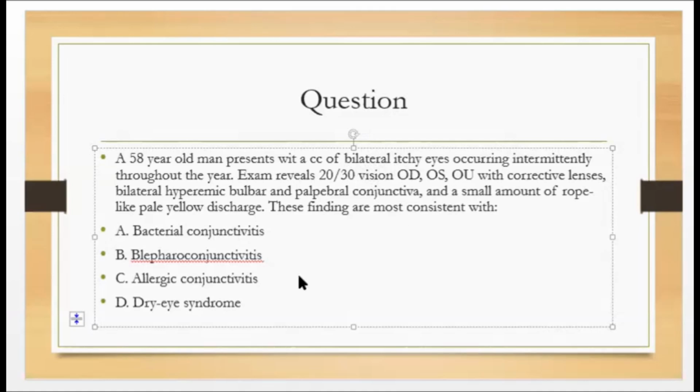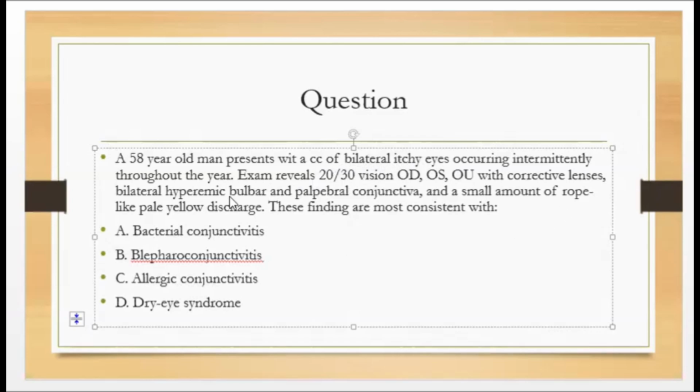Okay, so this is so easy. I said bacterial, usually you will see unilateral. Viral, you will see unilateral. They can use the word unilateral to bilateral, but you will always see it with unilateral. It's only allergic. Only allergic is bilateral.